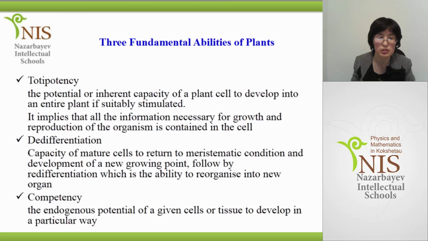Dedifferentiation, the capacity of mature cells to return to meristematic condition and develop a new growing point, followed by redifferentiation, which is the ability to reorganize into a new organ. Competency, the endogenous potential of a given cell or tissue to develop in a particular way.